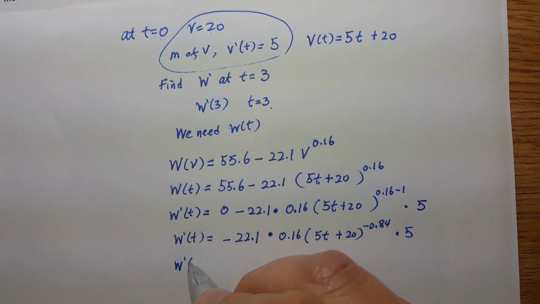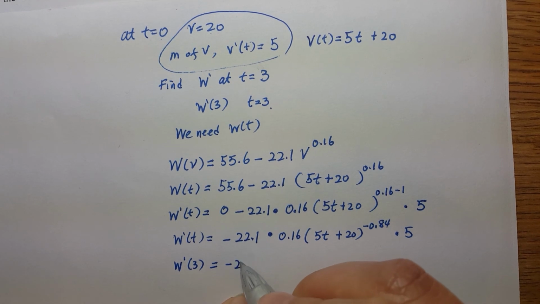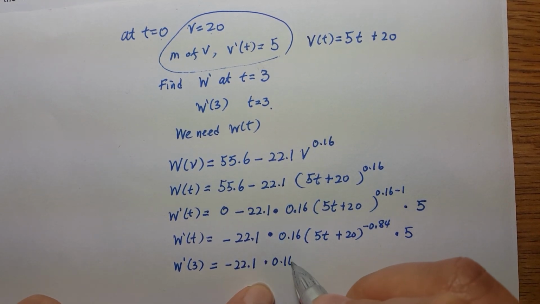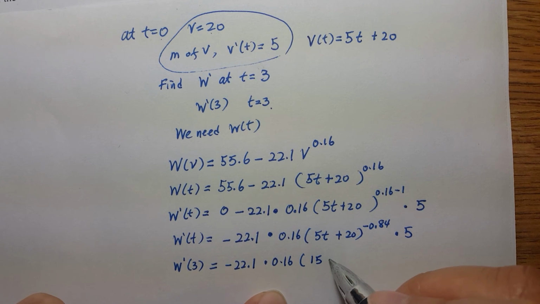And next I am going to replace T by 3. 5 times 3 is 15.